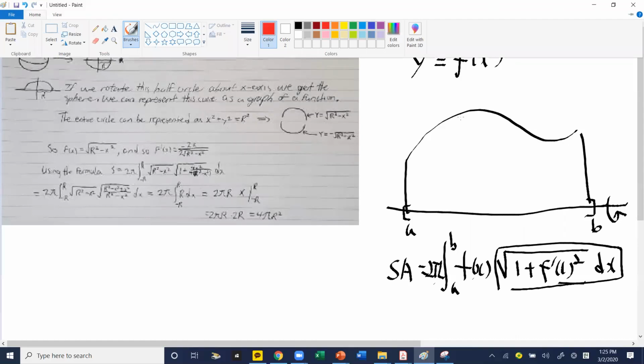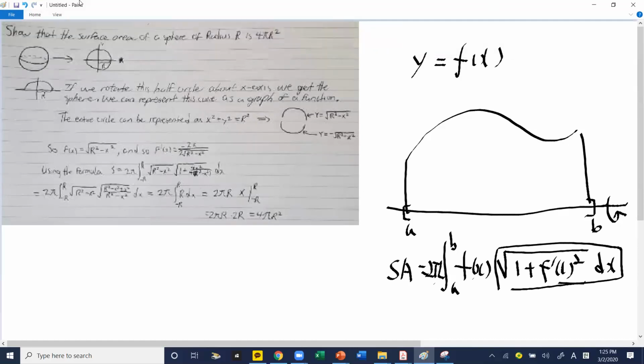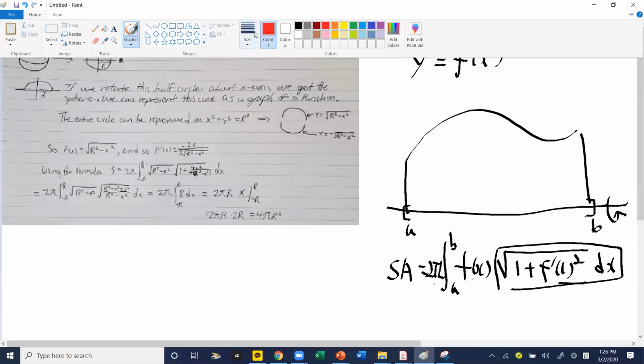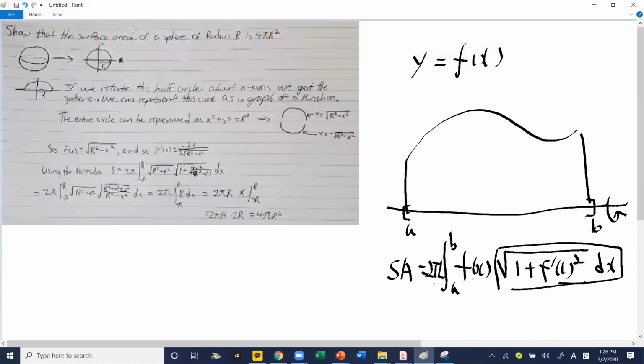For this small part, like this piece, it's a radius at f of x, and this arc length is like this part.